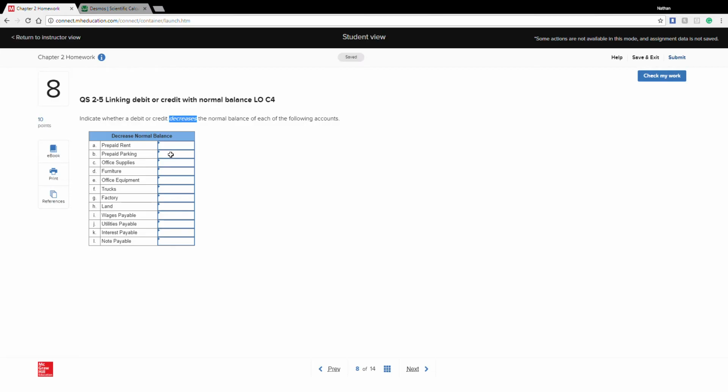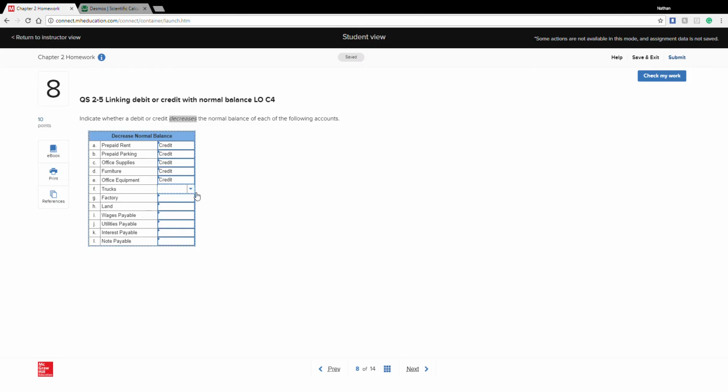So prepaid rent, of course, was an asset. And since we're decreasing it, it's going to be a credit instead of a debit. Here's another prepaid. Again, I love it when Connect likes to give out multiple of the same keywords. Office supplies, that's an asset, so that decreases by a credit. Furniture, that's another asset. Office equipment.